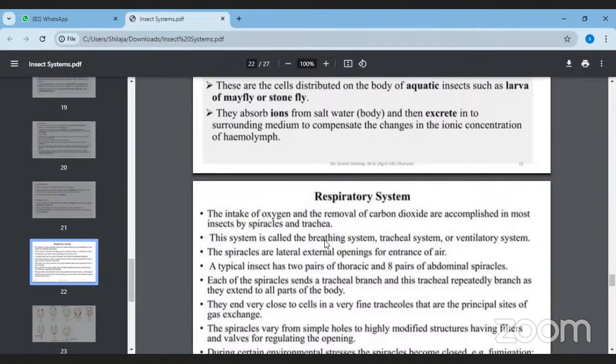This makes the control of respiration through the central nervous system possible in insects.